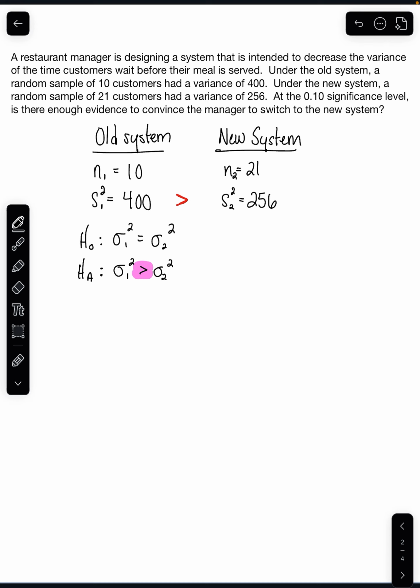We also need the degrees of freedom for each sample. So we have our test statistic, which is going to come from the variance of our old system over the variance of our new system.